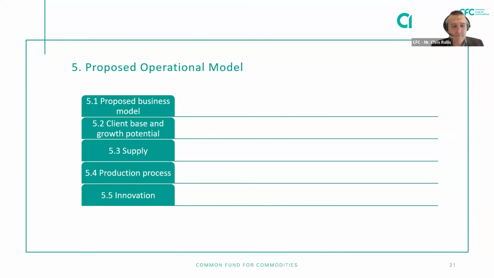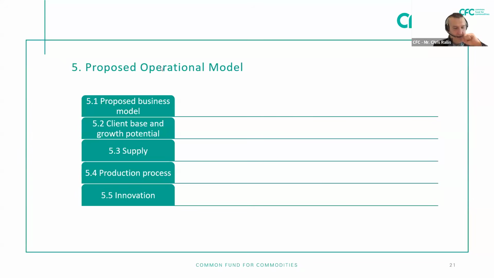In section 5.4, what we want is the impact on your processing capacity. Is CFC financing going to enable you to have better or higher quality products? Or are you going to increase the processing volumes that you can produce per year? Those are all relevant information.